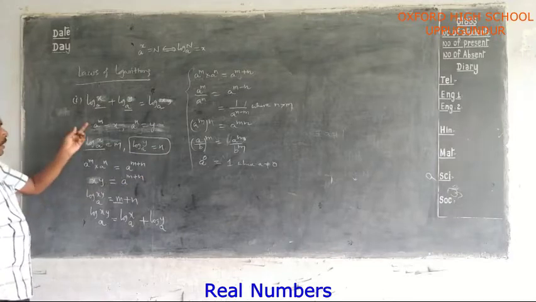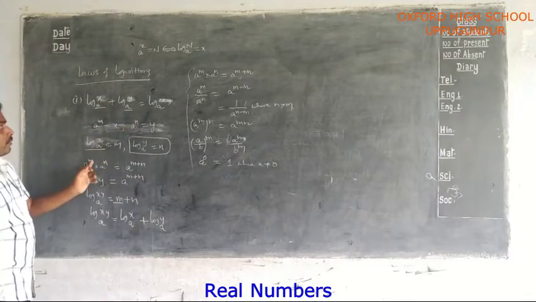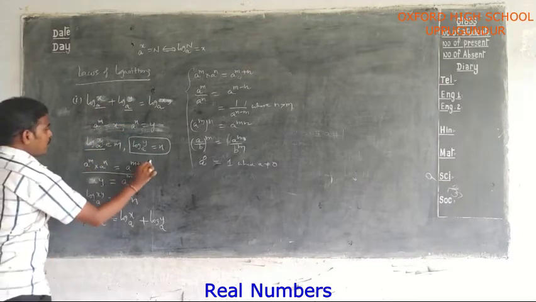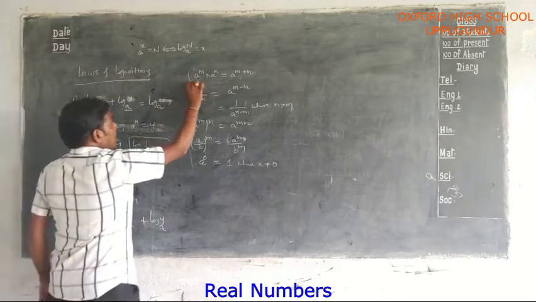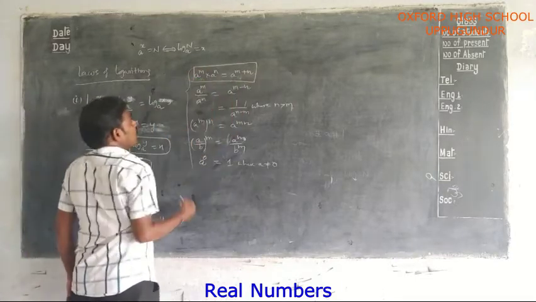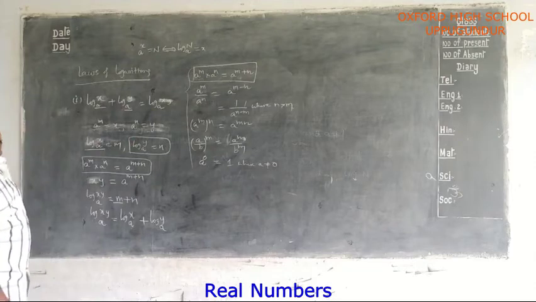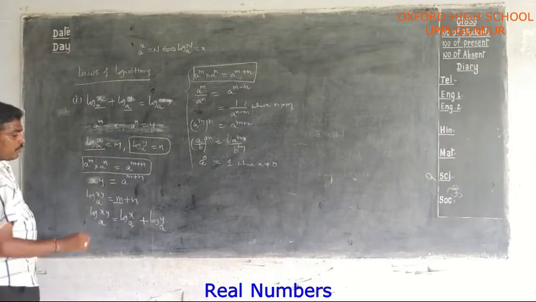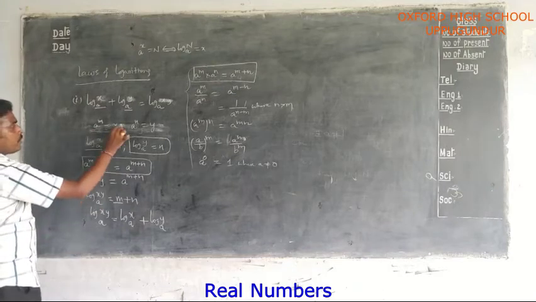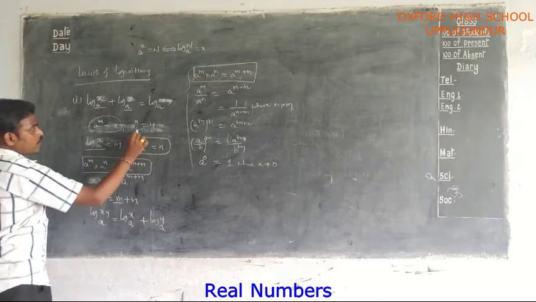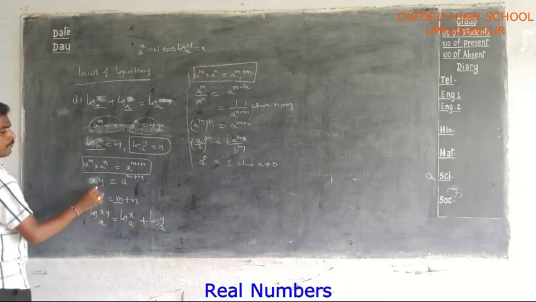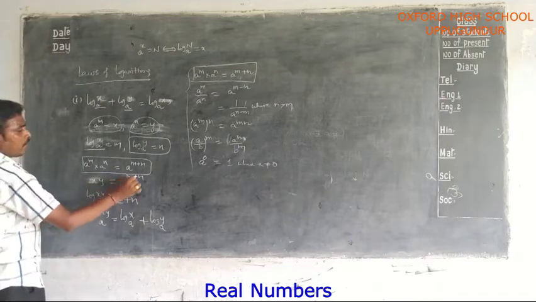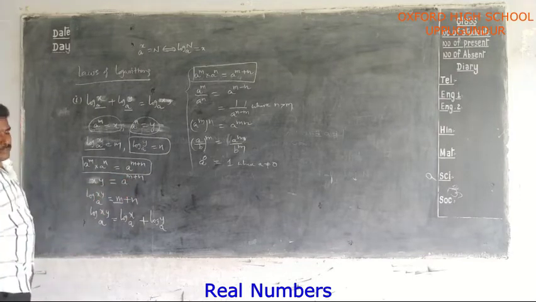Now, what is a power m into a power n? a power m plus n, by using the identity in exponents. a power m we assumed as x and a power n as y. So xy equal to a power m plus n.